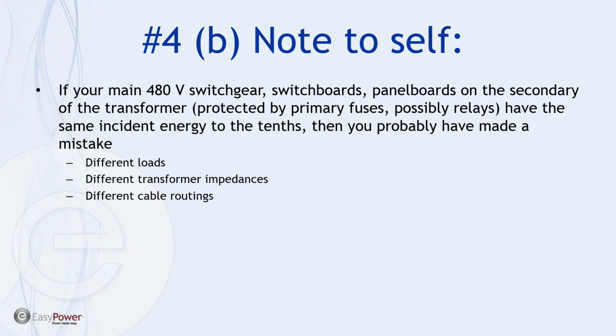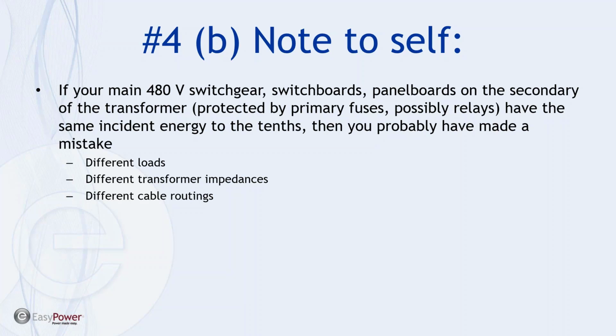And then the second part of this mistake, which is the medium voltage section of my one-line: if the 480 switchgear that's being supplied by a substation has the same incident energy, and we see this down to the second and third most significant digit, then you probably have made a mistake.